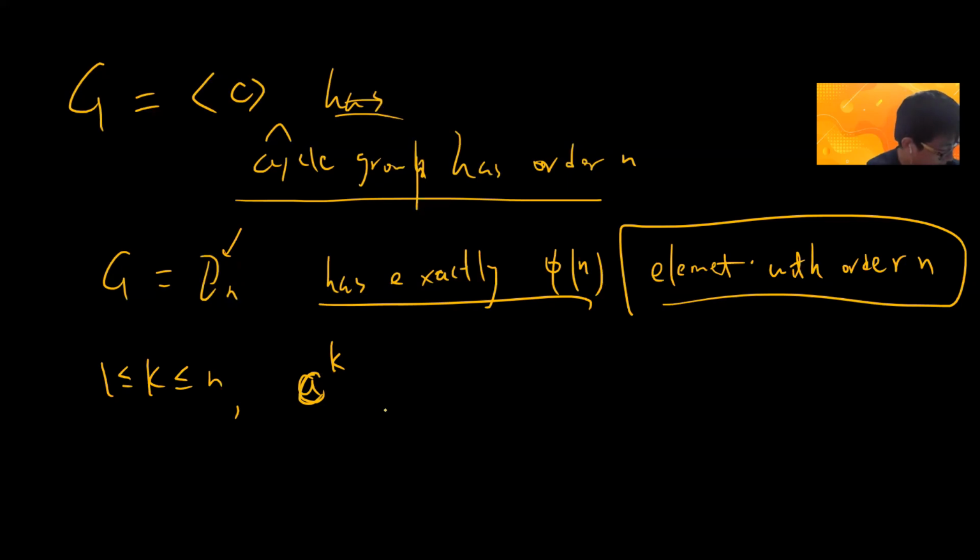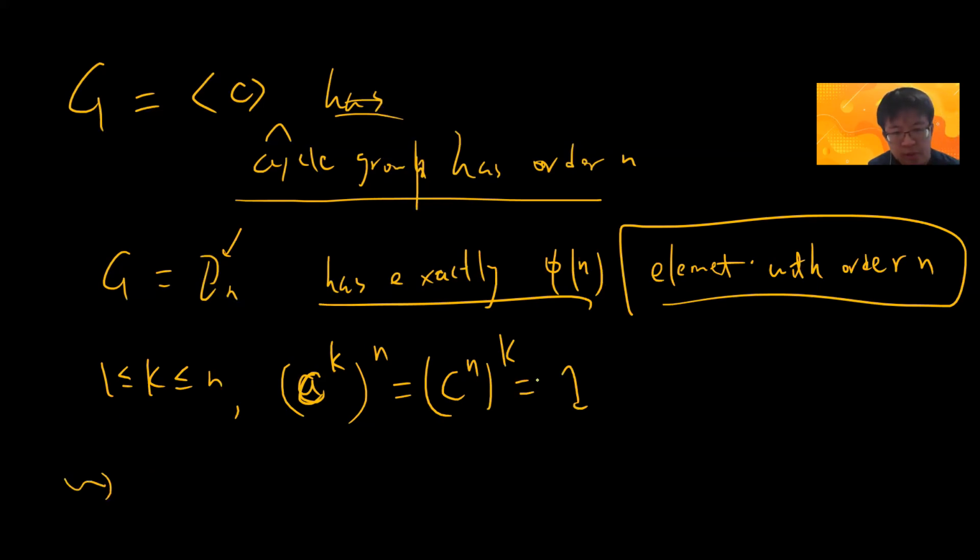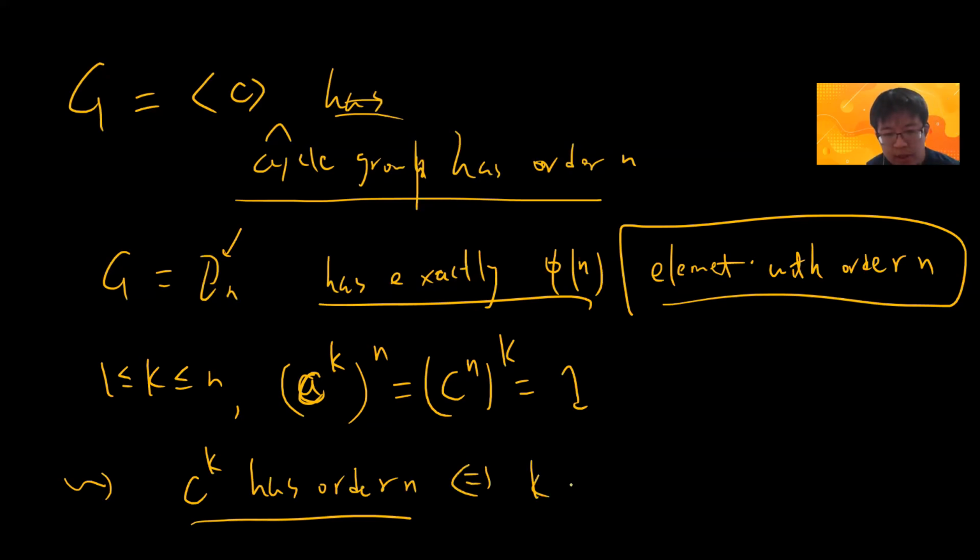The reason is very simple: c^(nk) is (c^n)^k, which is 1. We know that c^k has order n if and only if k and n are coprime, from this relation.